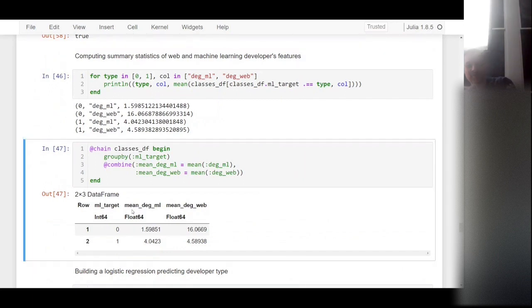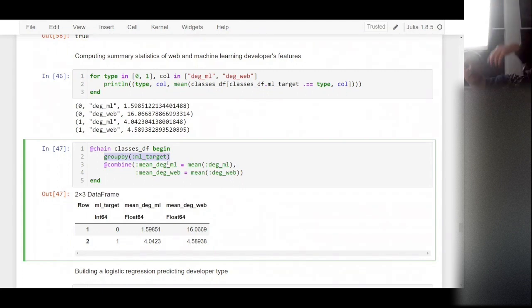Okay, but can we do it in a simpler way? And here you might not remember everything from the first day, but we already showed this, that you can do this pretty conveniently with functions from data frames. So first I'm chaining operations because I will want to do two operations. First, group my data by this target.